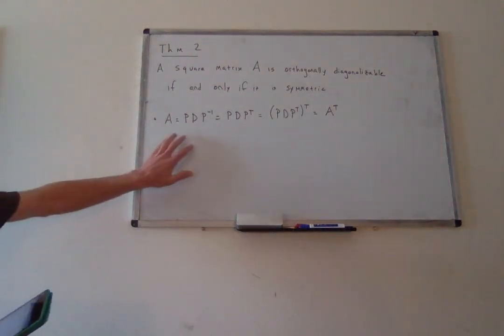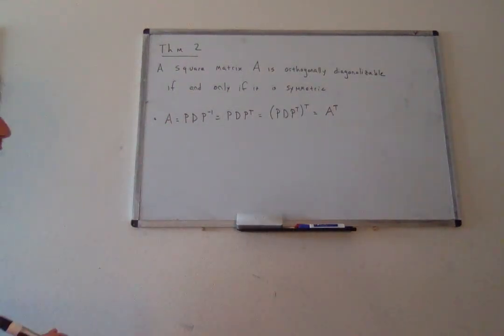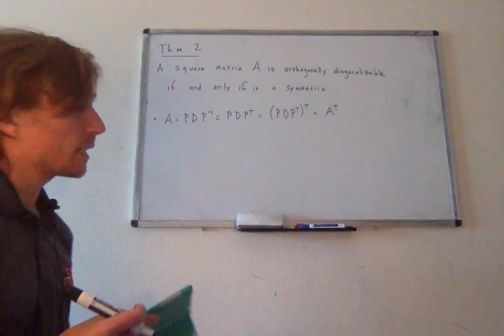So at least one direction we have: every orthogonally diagonalizable matrix has to be symmetric.